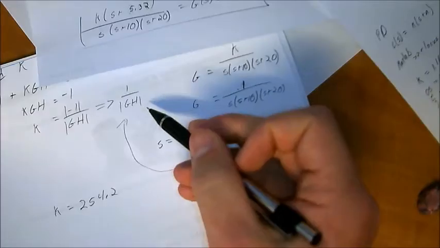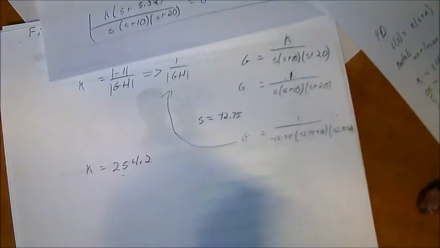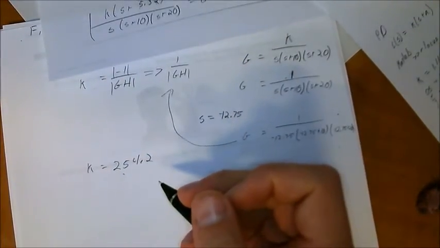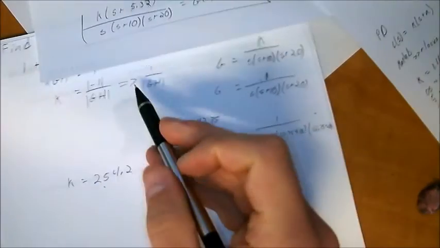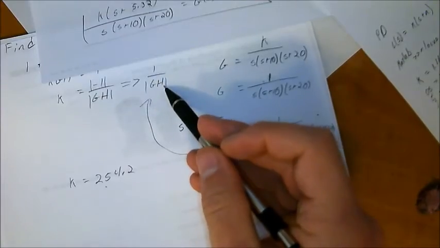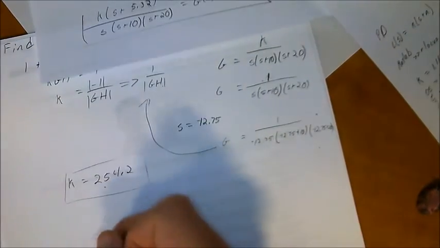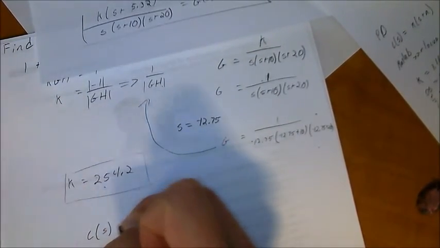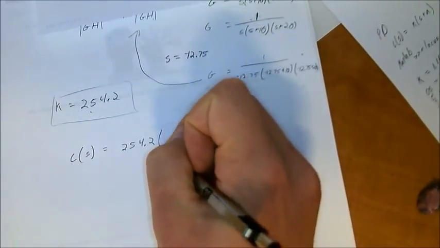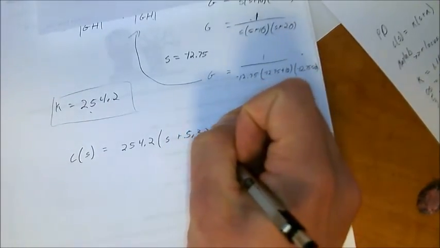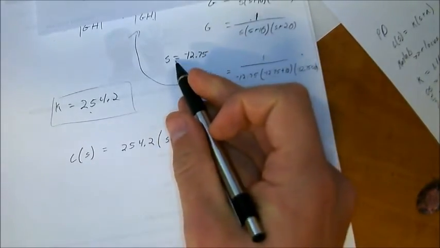But you find this value, put it up here, divide 1 by that value, and you get 254.2, this value right here. Which, if you really want to just not be redundant, you can just take this denominator, multiply it out, and that'll be your answer up here. But just to be complete, and if you ever have an H or anything like that, you need to also include this. So your K is 254.2, so your compensator is now going to be equal to 254.2 times s plus 5.32, which is the location of the 0 we need, and this is the gain we need in order to get the pole.